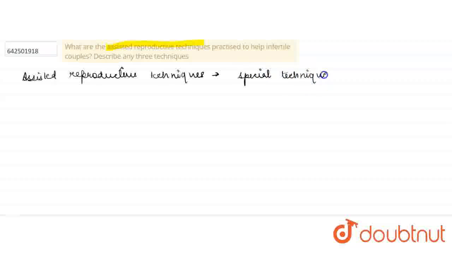So these assisted reproductive techniques are special techniques which help infertile couples to have children.